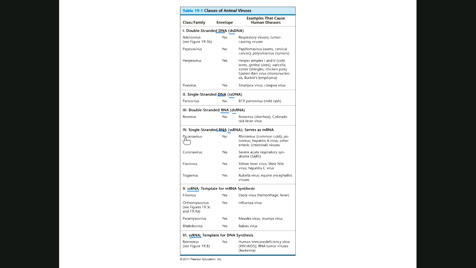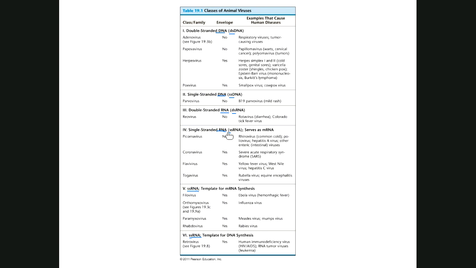Now, if you look, class 4 viruses, okay, these viruses have their genetic information stored in single-stranded RNA. But notice something, class 5 and class 6 also have their genetic information stored in single-stranded RNA. So these last 3 classes, 4 through 6 of animal viruses, genetic information is stored in single-stranded RNA. But notice something, okay?